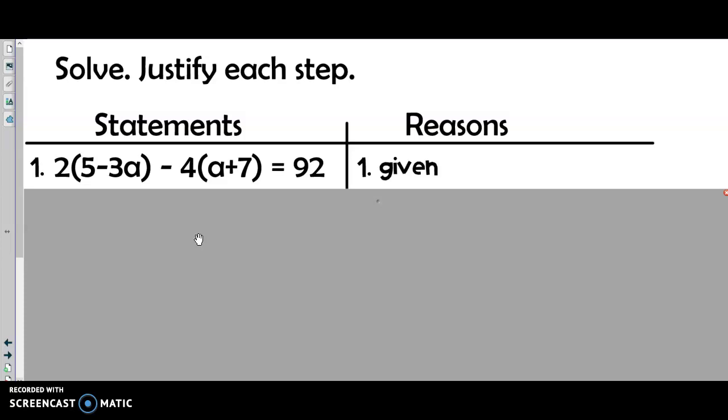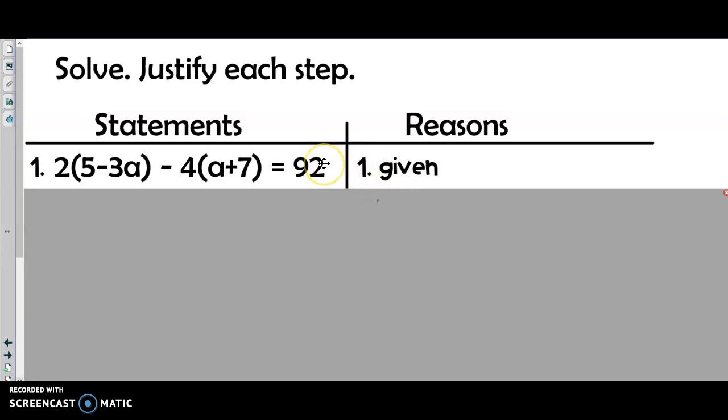Sometimes they get offline from each other, and so this just helps the reader follow along. Always when you are writing a proof, you want to start with what you're given. In this case, it's an equation, but it might be statements about a picture that go in that first spot, and then you simply state that they're given. They are given that those things are true, and therefore that's my justification.